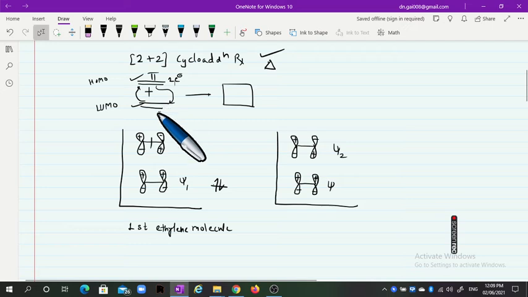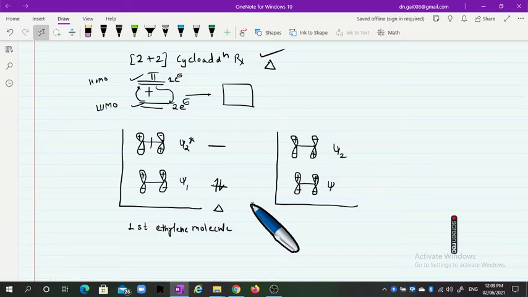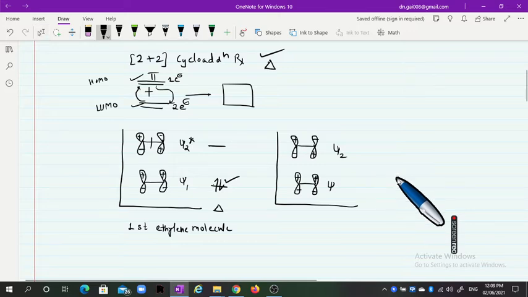The second ethylene also has one pi bond, so it is also a 2 electron system. In a thermally induced reaction there is no excitation of electrons. In the second case, the orbitals also have no excitation of electrons. This is the second ethylene molecule.